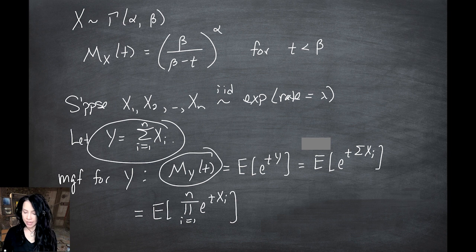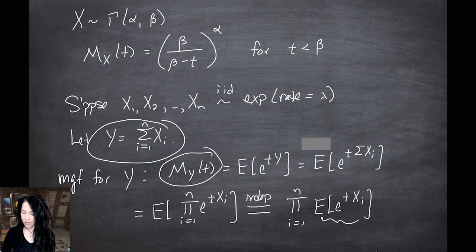And by independence of the different terms, because I am assuming IID random variables here, even though I'm not talking about the exponential yet, I can bring that product outside. You might be familiar with breaking up the expected value of x and y multiplied if they're independent. I'm just doing that with a bigger product.